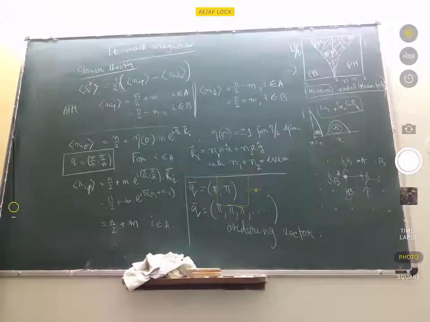So from here, you get the idea of the ordering vector. Now, who tells you that Q has to be either (0, 0) or (pi, pi)? Q can be any general vector, right? And in fact, it can be. The general case is what you call the spin density wave.